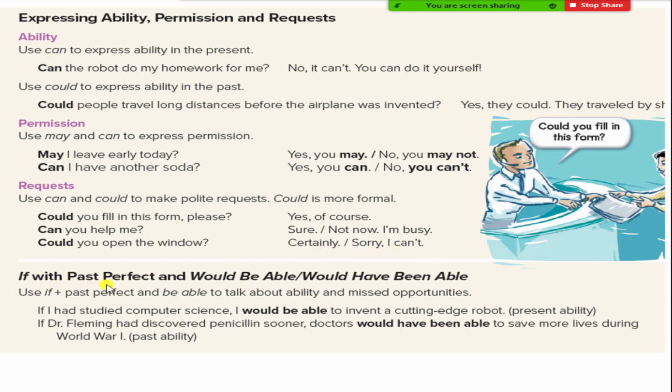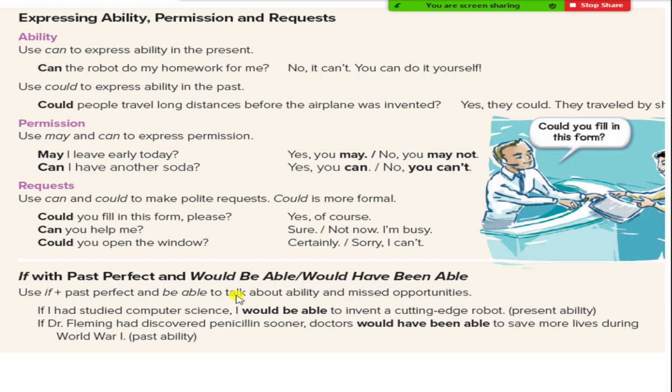If with past perfect and would be able or would have been able. We use if with the past perfect, which is had plus past participle, and be able to talk about ability and missed opportunities.